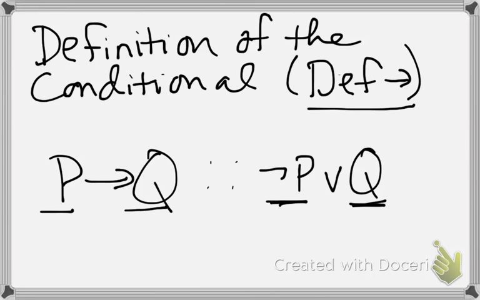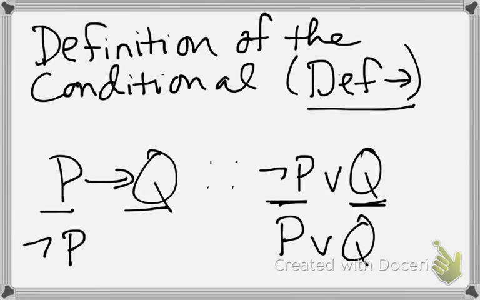Okay. Now, the other thing that I want to say about this is that suppose you have the formula P or Q. You might think that you could turn that into the conditional not P arrow Q by def arrow. And you can, but not in one step.